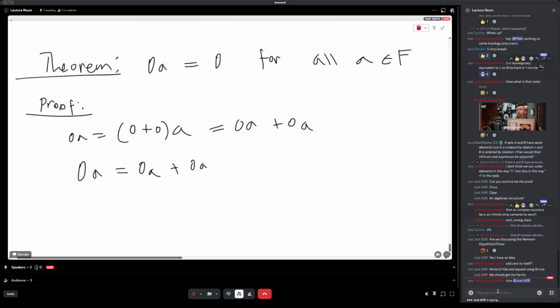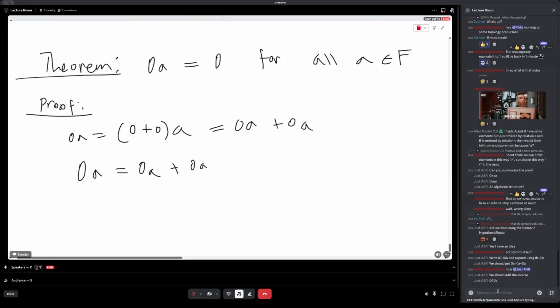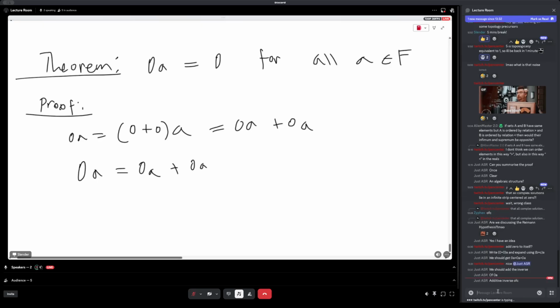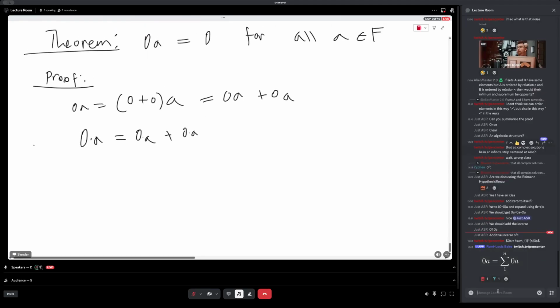Then what do we do? We should add the inverse of 0A. Correct. Since 0 is some number, we are actually multiplying, and it's a number that we have in this field.